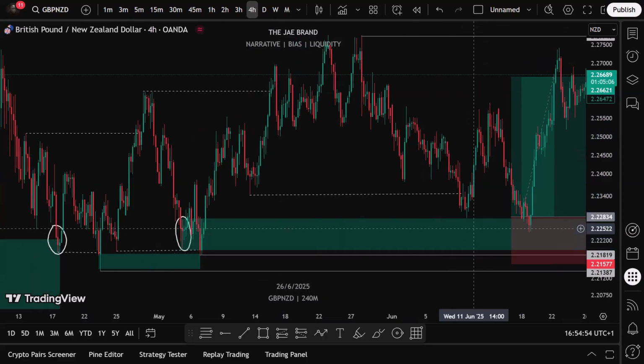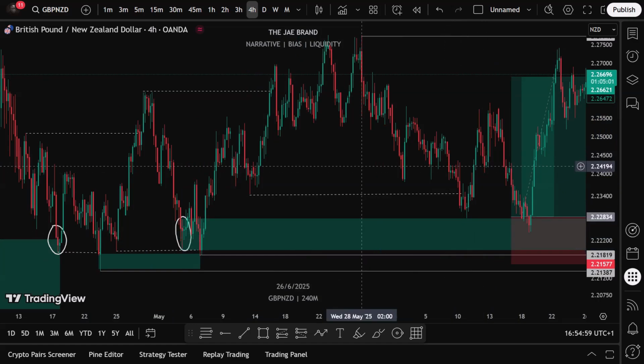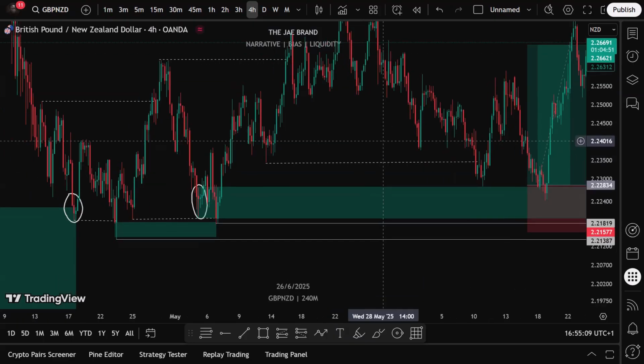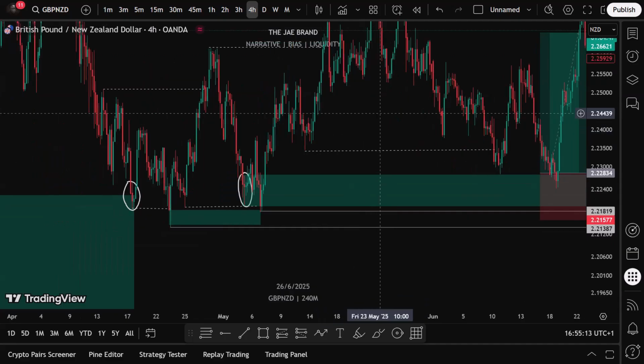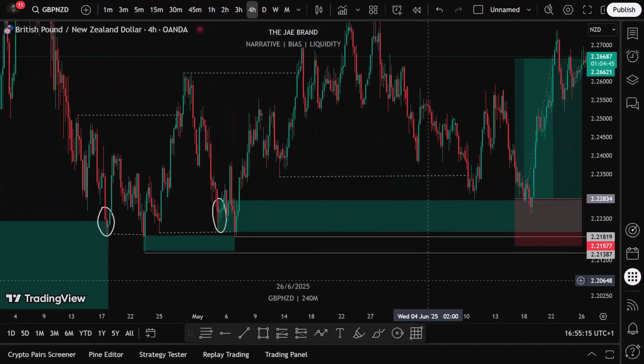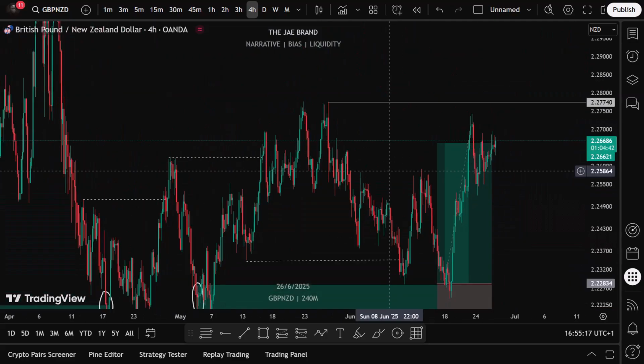Make sure it is unmitigated, that is, price has actually not reached that point of interest, and you are using it as the first mitigation. Okay, that's how to validate your POI, and with this understanding, it will definitely change your trading game. I promise it's definitely going to change your trading game.